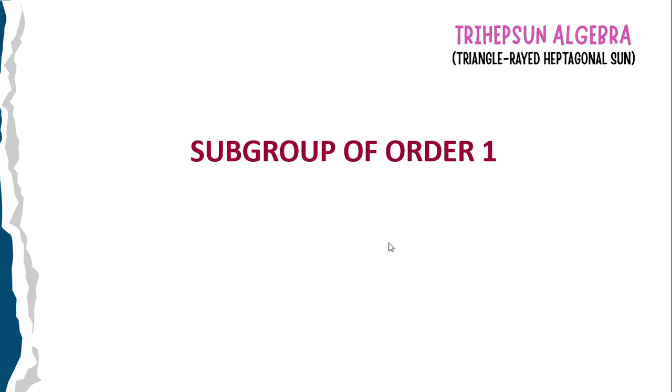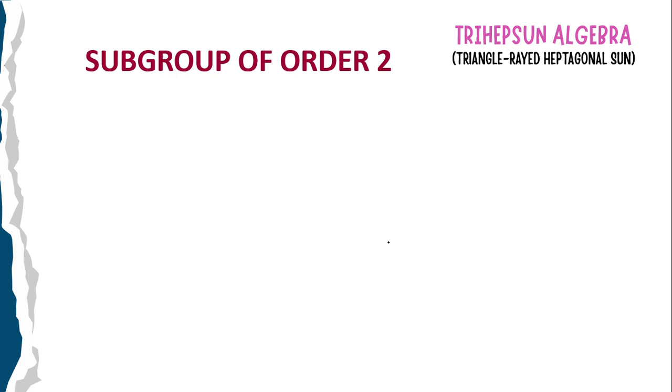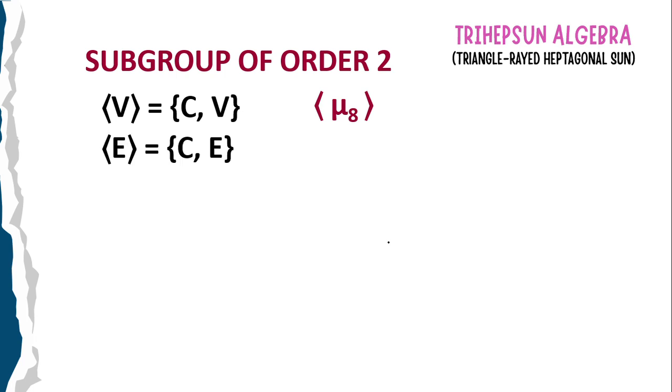So we have here the subgroup of order 1, which is C generates ⟨C⟩, or equal to μ1. The subgroups of order 2: V is equal to ⟨CV⟩, or the μ8. For E is equal to ⟨CE⟩, which is the μ9.